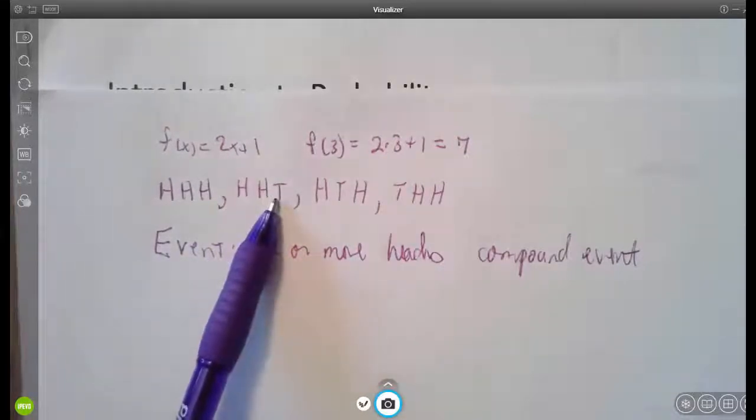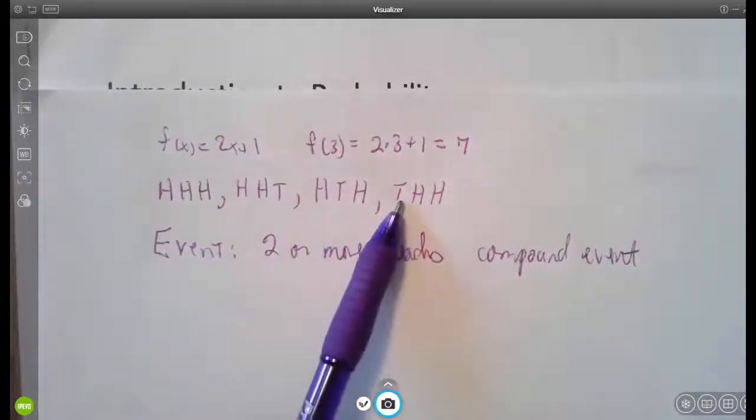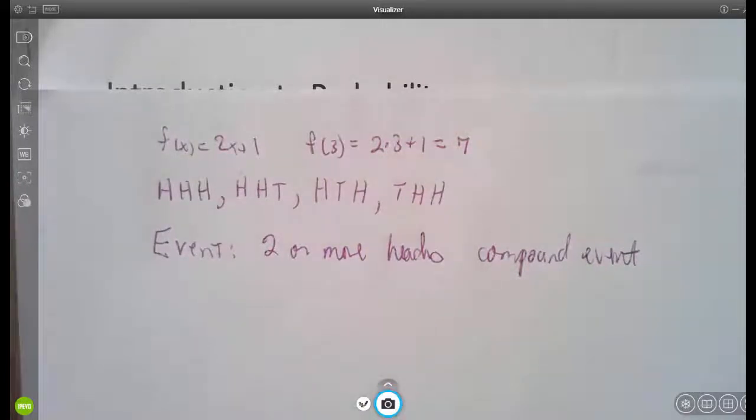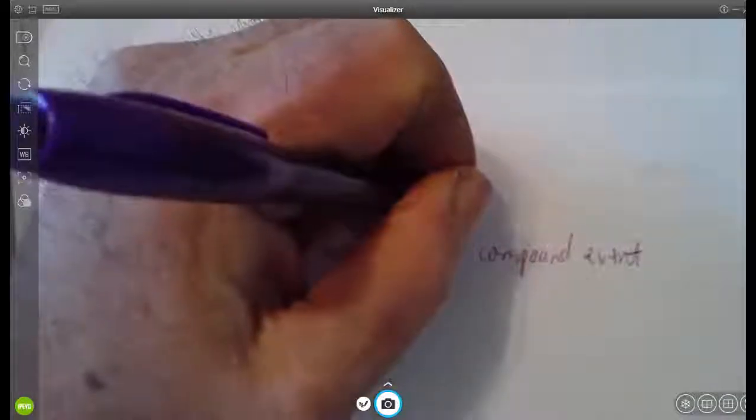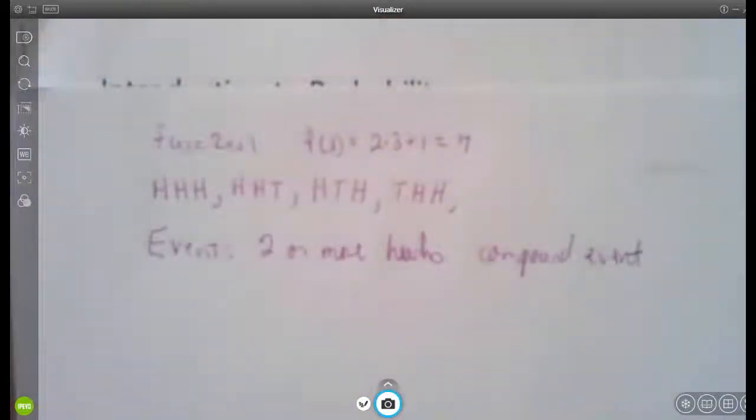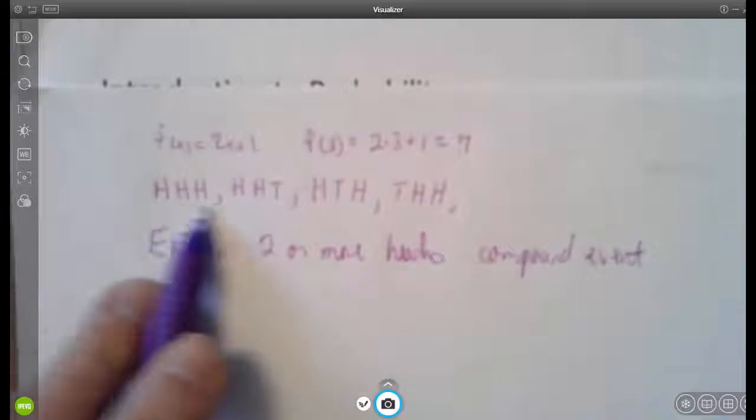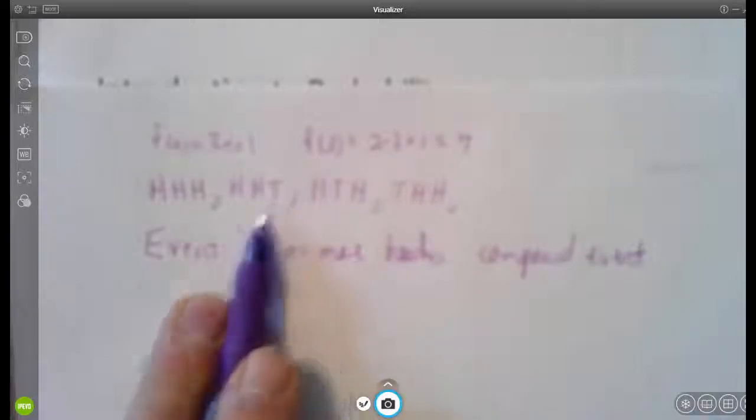The tail could occur last, in the middle, or first, and then, of course, it's also possible that we could have 2 tails, or we could have no heads at all. We could have all tails. So I've listed the first 4 here, and then there are another 4 for 2 heads and for 2 tails and for 3 tails.